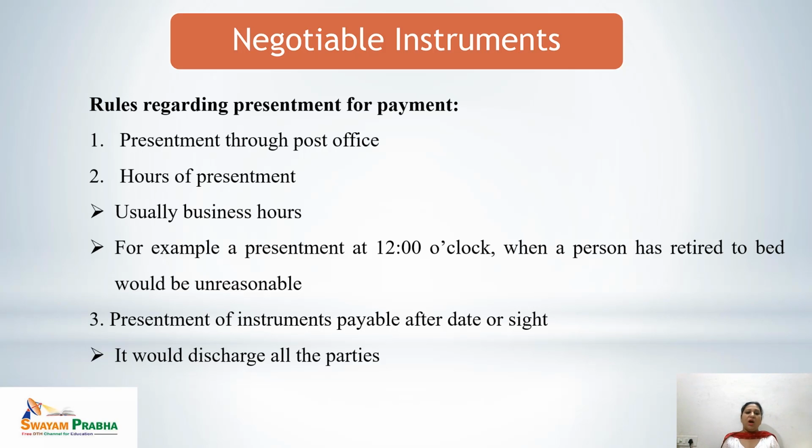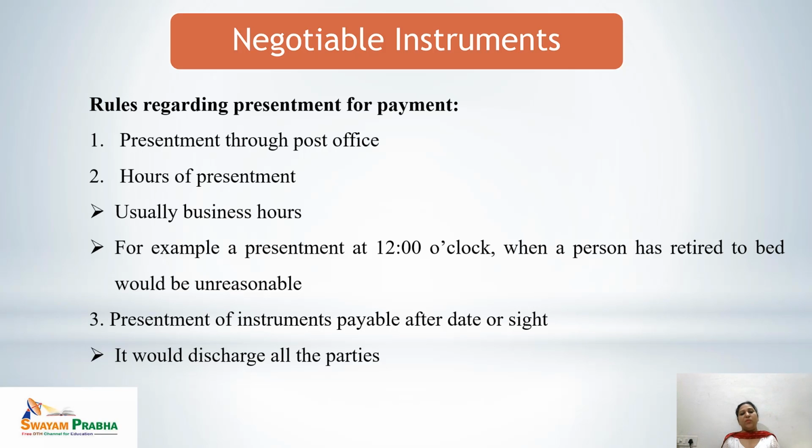Hours of presentment: it is usually the business hours. For example, a presentment at 12 o'clock when a person has retired to bed would be unreasonable. The bill must be presented during usual business hours, 8 to 8, 9 to 9. Any odd time would not be considered an hour of presentment for payment.